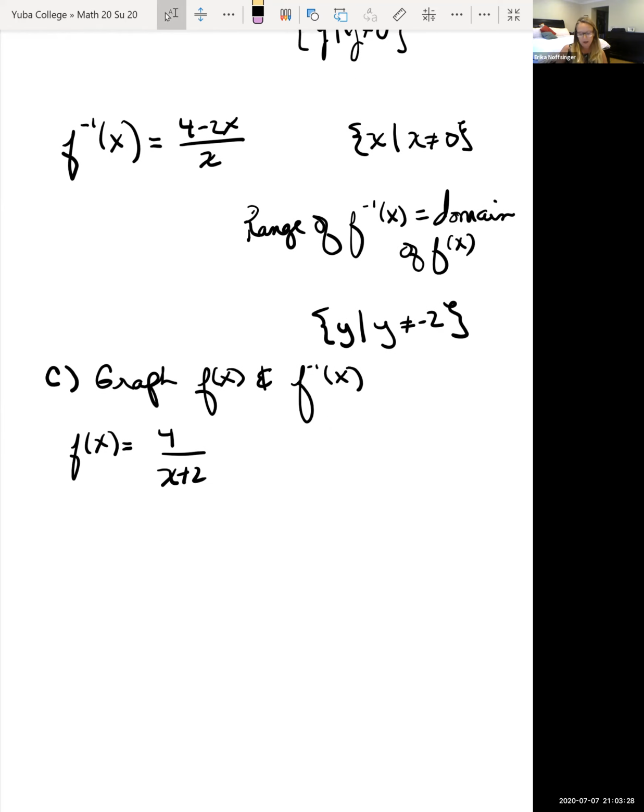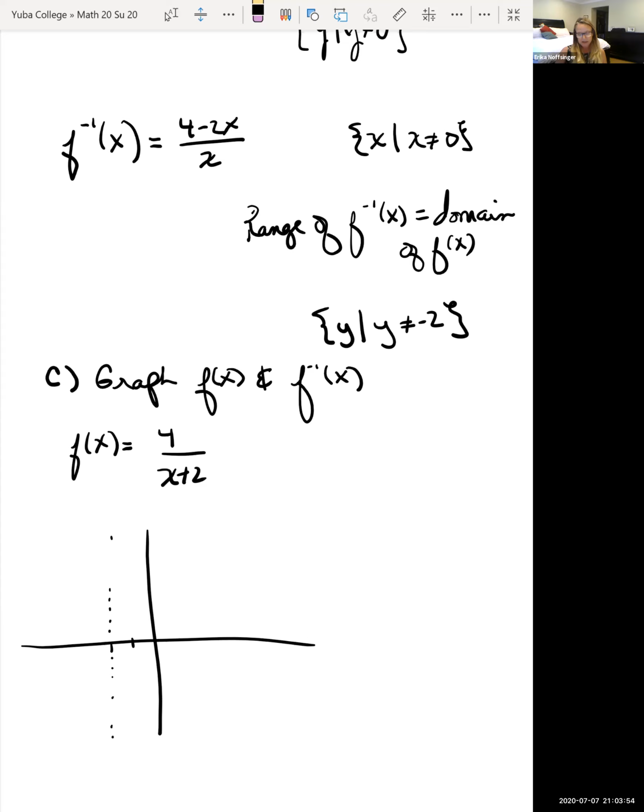Or I can use my fact that we were just graphing rational functions. I know I have a vertical asymptote, which sets my denominator equals 0, but not also my numerator. So I know that x equals negative 2 is a vertical asymptote. I know that I have a horizontal asymptote here.